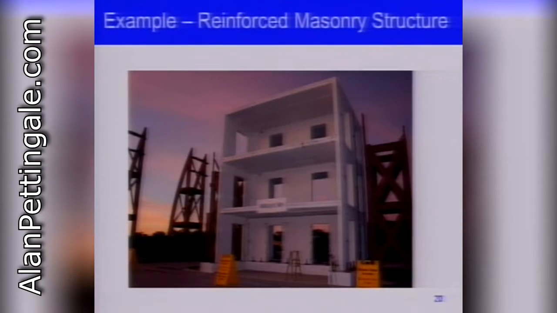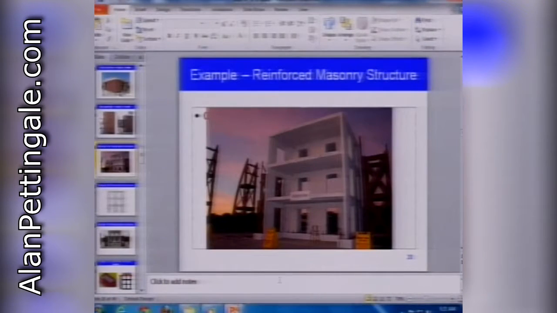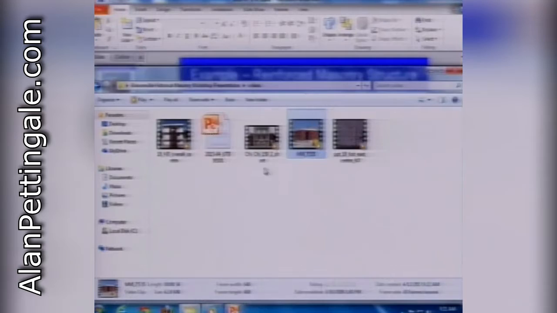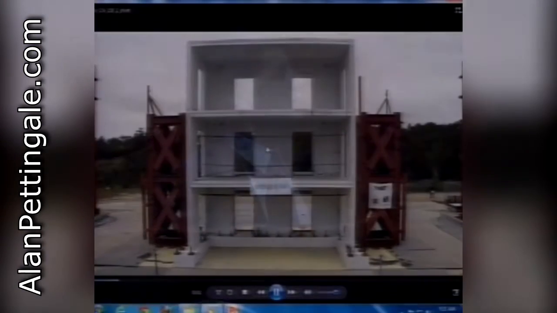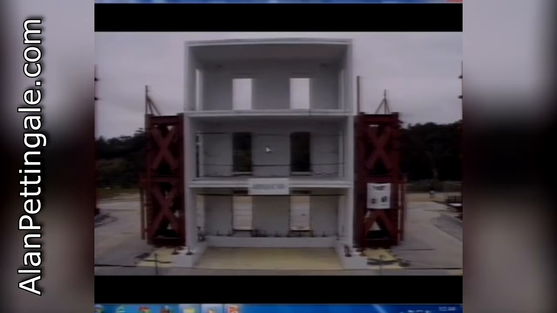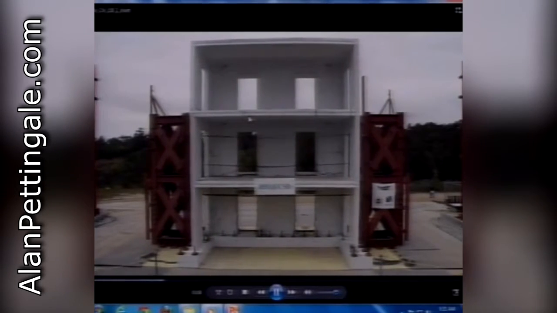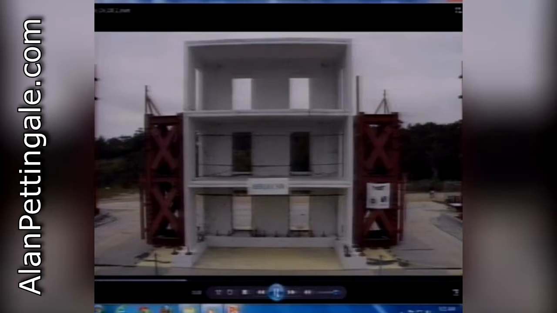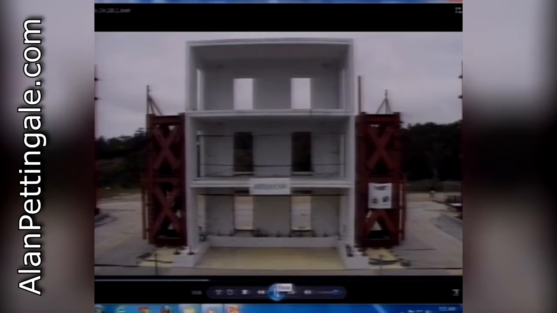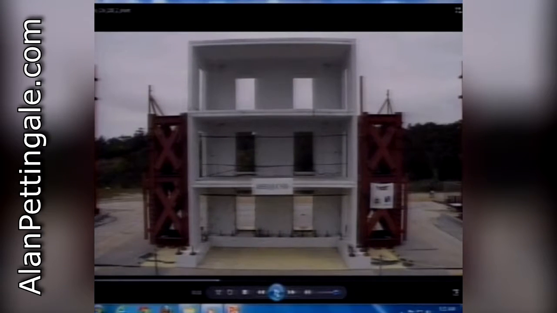Then another test we did was a reinforced masonry structure, and we also tested that quite hard. And focus on what's happening on the bottom story.